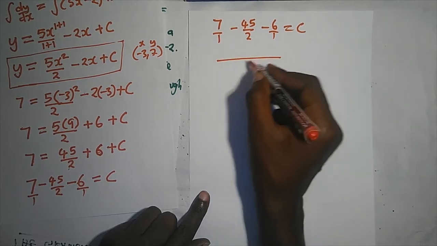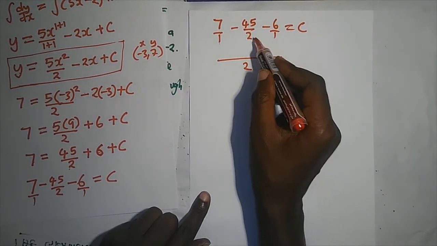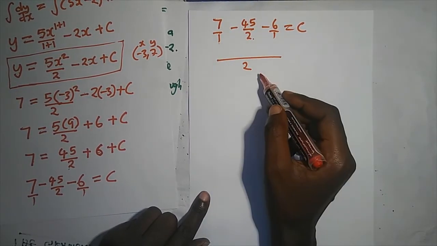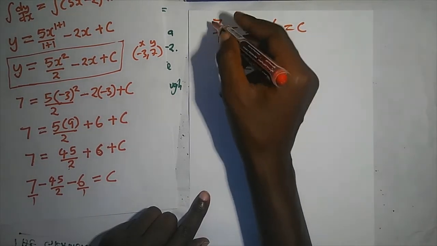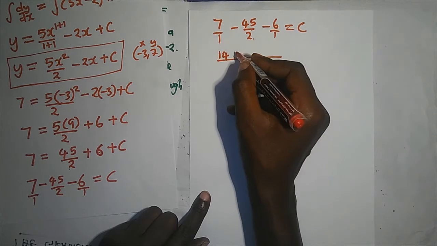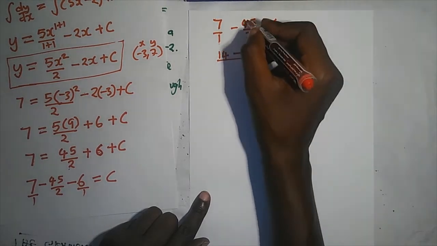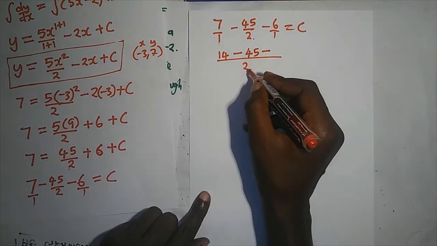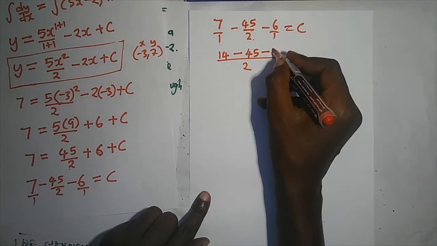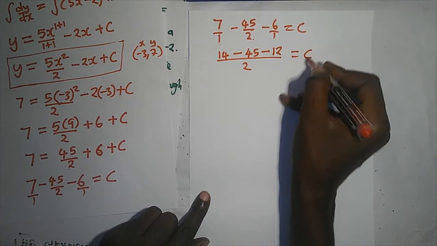So the common denominator here is 2. All the numbers in the denominator can be divided into 2. So 1 into 2 is 2, 2 times 7 is 14. Minus 2 into 2 is 1, 1 times 45 is 45. Minus 1 into 2 is 2, 2 times 6 is 12, is equal to c.